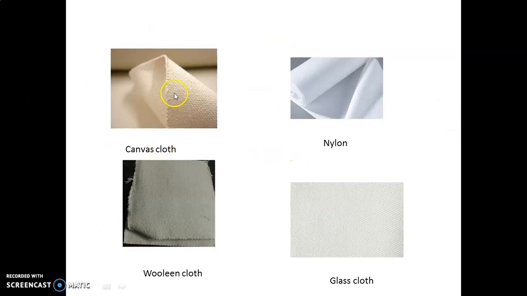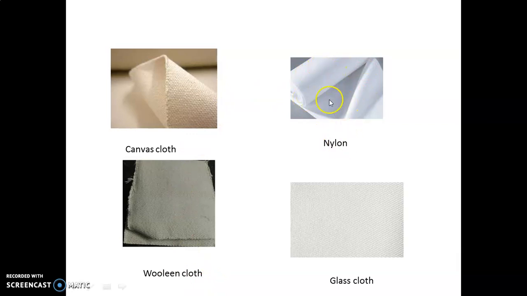So here if we look at this photo, this is a canvas cloth. Generally the filter medium is made from textile. That part we have already discussed. Then woolen cloth is looking like this. Then synthetic fiber, that means nylon.